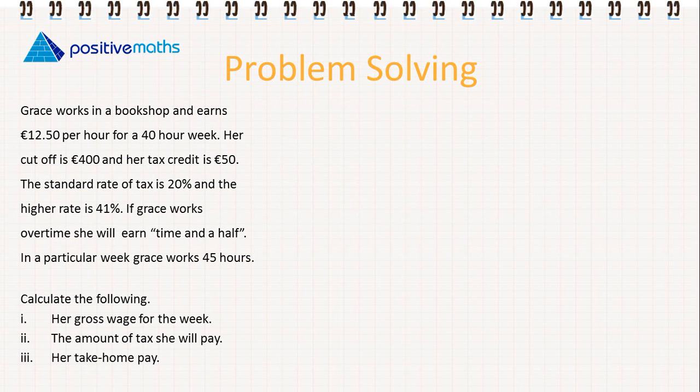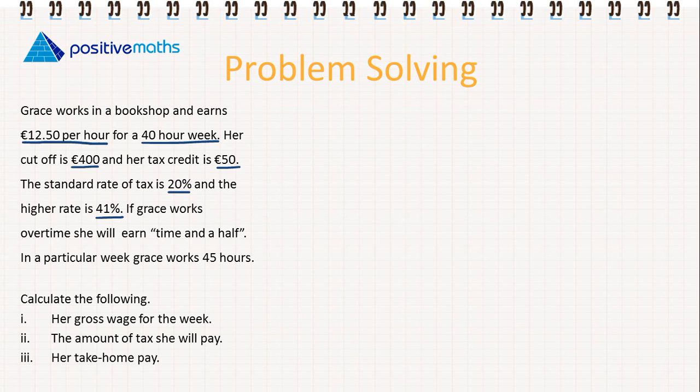Let's look at another example. Grace works in a bookshop and earns €12.50 per hour for a 40-hour week. As I'm going through, I'm going to underline the key bits of information. Her cut-off is €400 and her tax credit is €50.